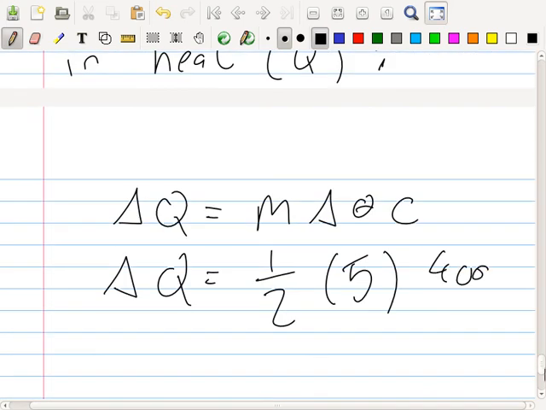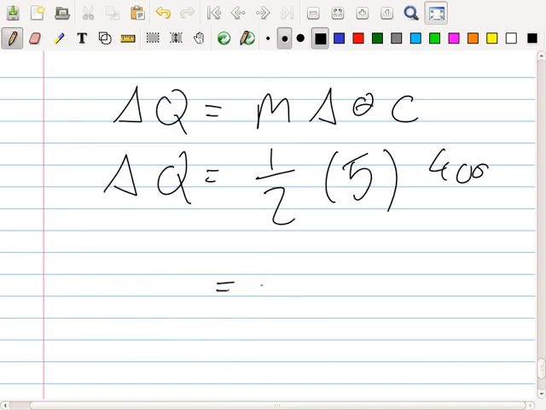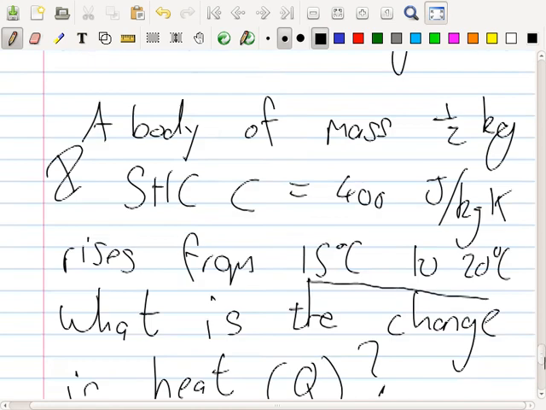So that'd be 1,000. Aren't we supposed to use 5 Kelvin? Yes, you can use Kelvin. Like 15 Celsius to 20 Celsius, the change is 5 Celsius and also 5 Kelvin, because if I convert this to Kelvin, the difference is still going to be 5.